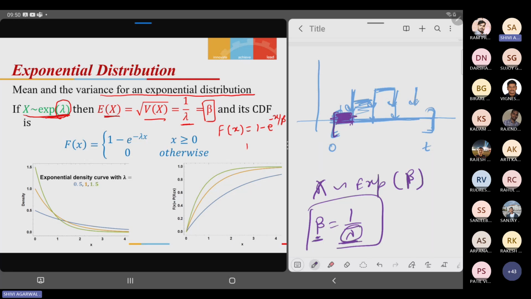Since 1 by beta is equal to lambda, it becomes minus lambda x. Lambda comes from the Poisson distribution, so don't be confused that beta and lambda are different. They come from the same thing: beta is equal to 1 by lambda, or lambda is equal to 1 by beta. Got it?